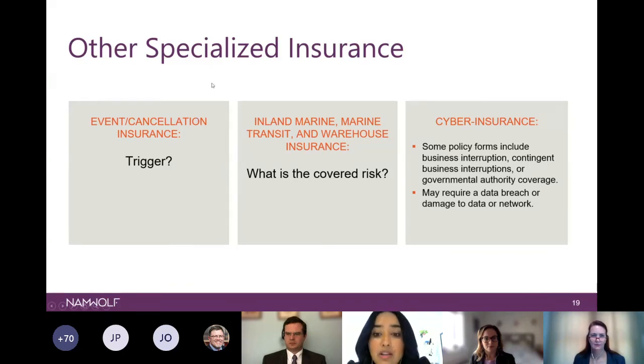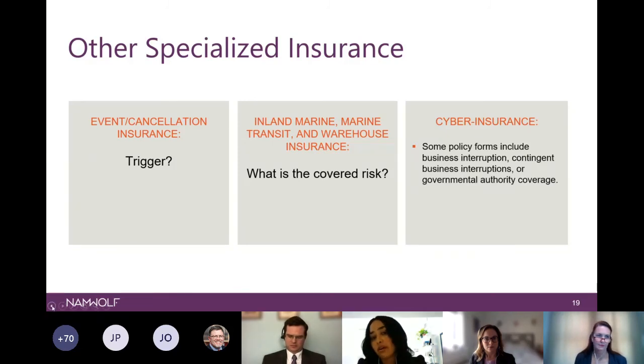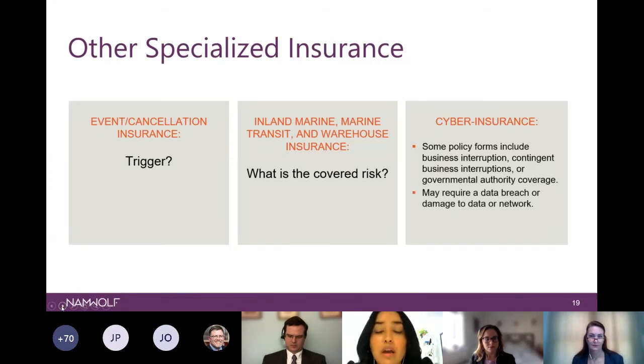Another area is cruise line policies, which may provide coverage where a cruise vessel's scheduled itinerary is directly impacted by the coronavirus. So as you can see, none of these necessarily depend on any physical loss occurring, but there are some opinions out there that this type of language will be creeping into marine insurance policies.